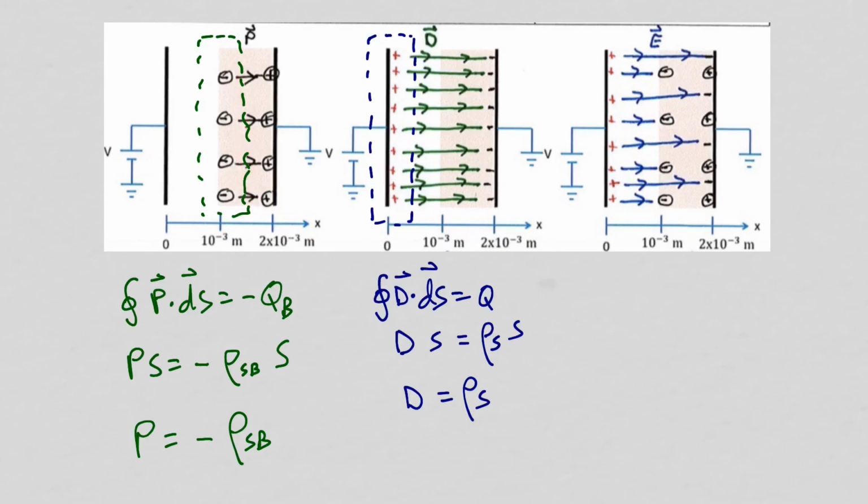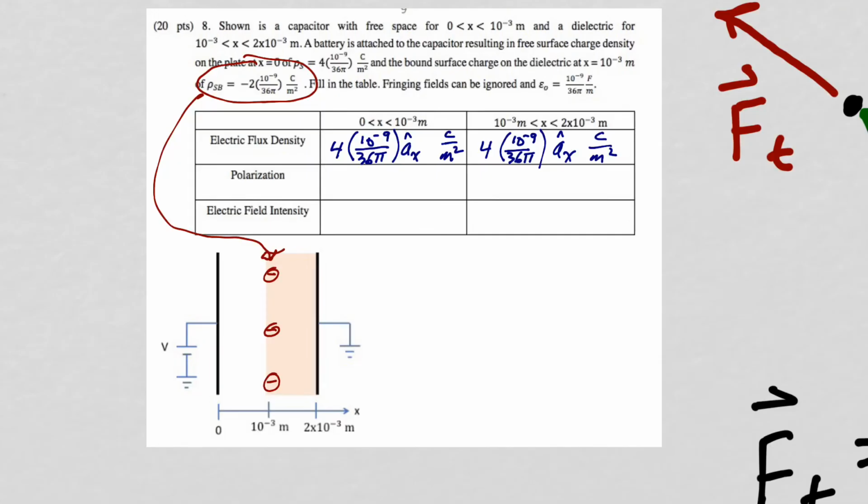So the polarization is equal to minus the bound surface charge density on the left side of the dielectric. Here's the bound surface charge density on the left side of the dielectric. So the polarization in the dielectric will be 2 times 10 to the minus 9 over 36 pi coulombs per meter squared in the x direction. And of course, in the free space region where there are no electric dipoles, the polarization is 0.